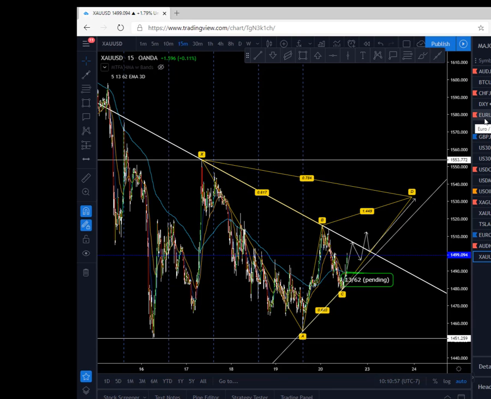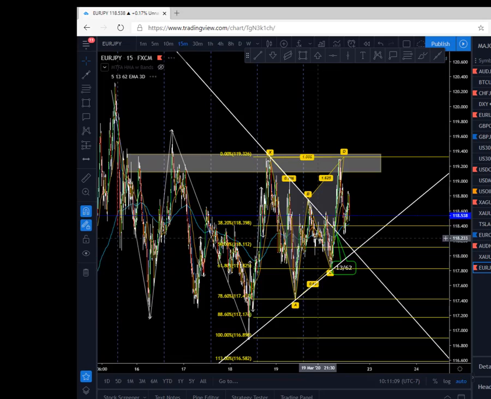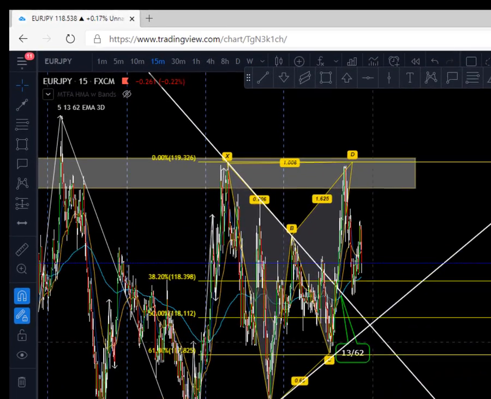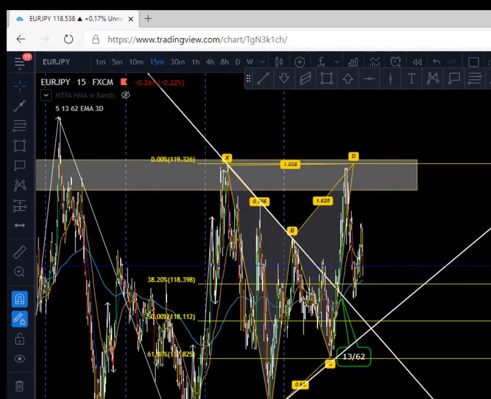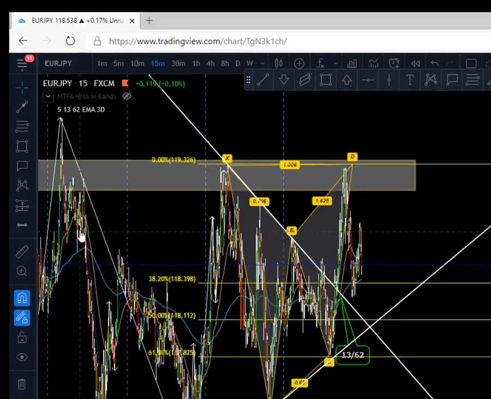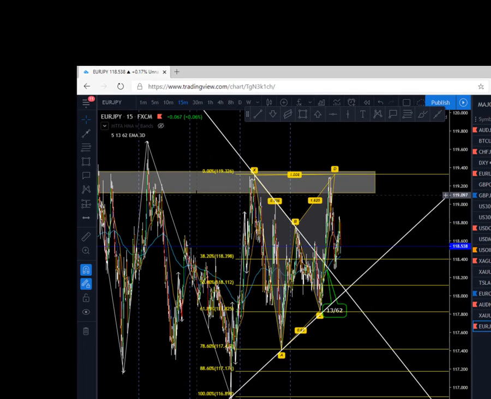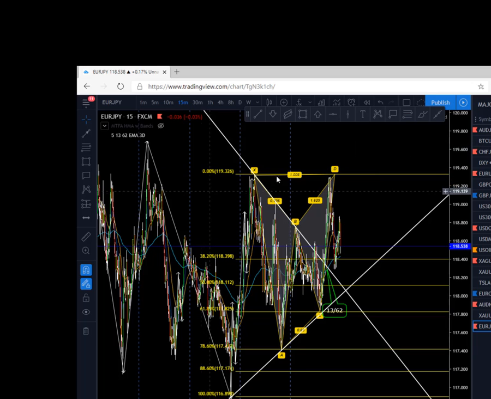So it does meet the requirement for that butterfly pattern. This is a pattern that already took place on Friday, so disregard.